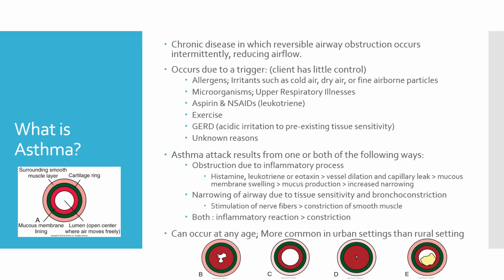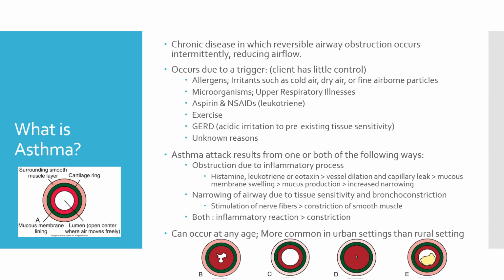Can be pre-existing tissue sensitivity in the esophagus, which then irritates the tissue down in the bronchioles and triggers this reaction again. And there's also where we just haven't figured out the reason, an unknown reason that they're just overreacting. Their lungs are overreacting. And again, they don't have control over this.